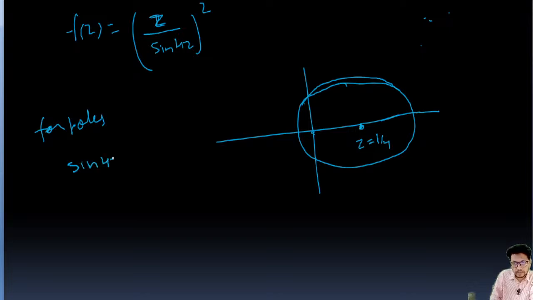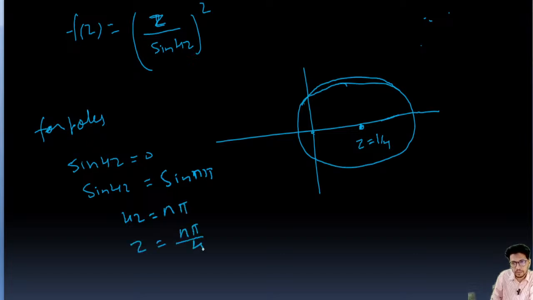Sine 4z equal to 0, and we can write sine 4z equal to sine n pi. Sine n pi value is 0. So 4z equal to n pi, and z value is equal to n pi by 4.